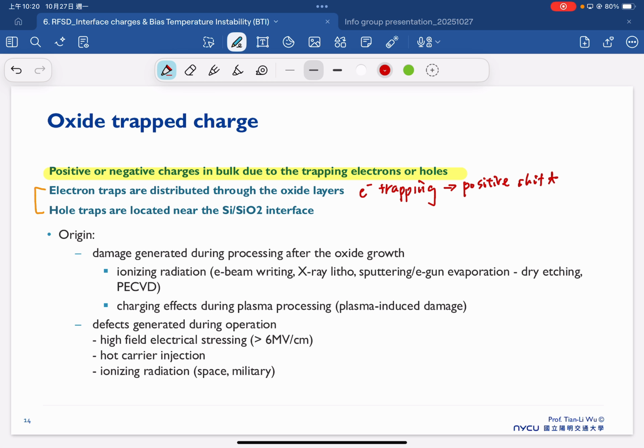And if we have hole trapping, we always cause our curve to have a negative shift.